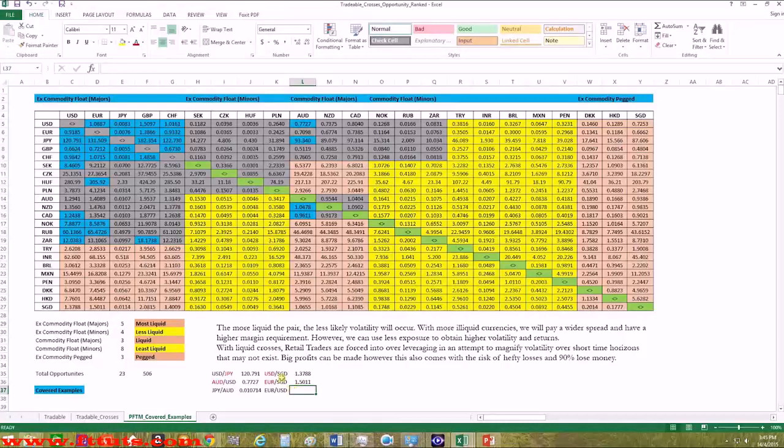Well, the convention here is if the currency that's left is the denominator in both circumstances, we can work out the new cross rate, or the new dollar cross, by dividing.